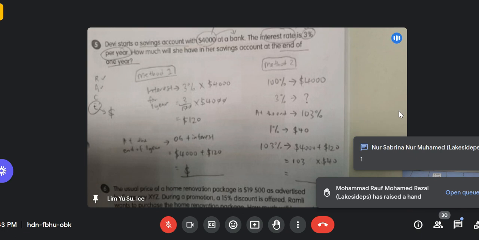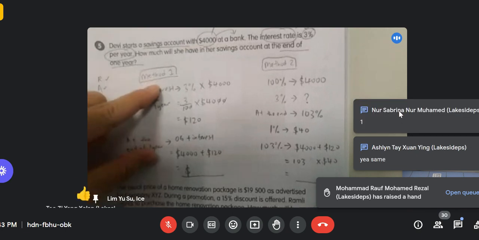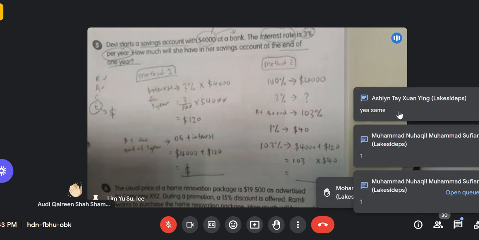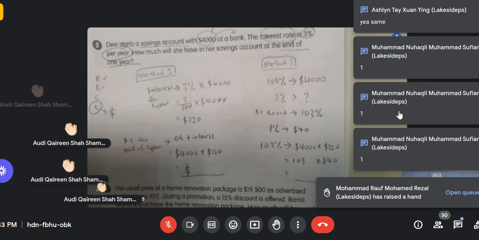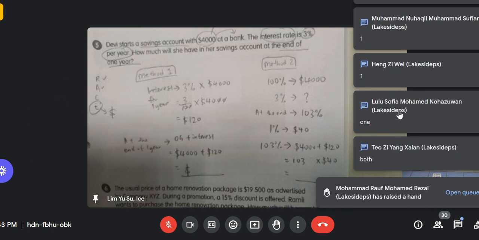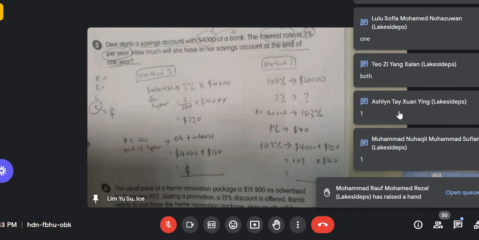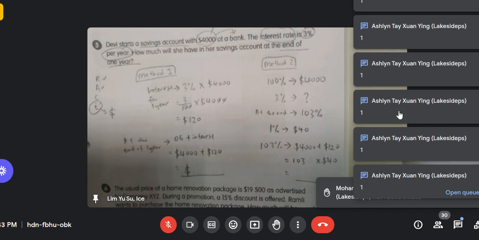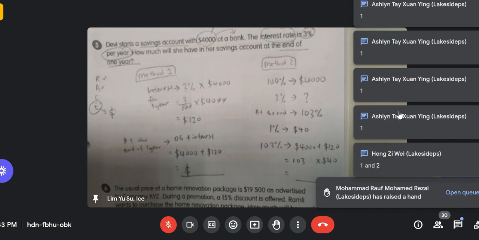Okay, I can see. All right, so most of us will take method one, which actually I also strongly suggest because you can go step by step. It's easier to check than trying to do a fast shortcut and find the answer quickly. Method two is a bit faster, but I would suggest method one as well.